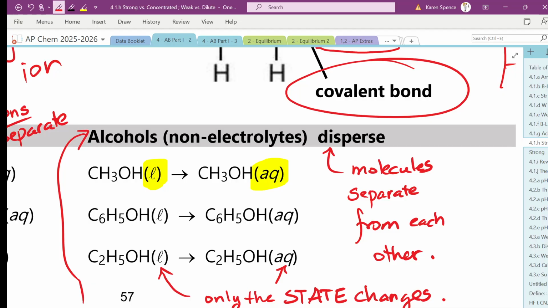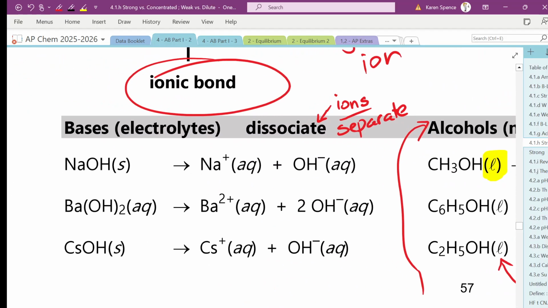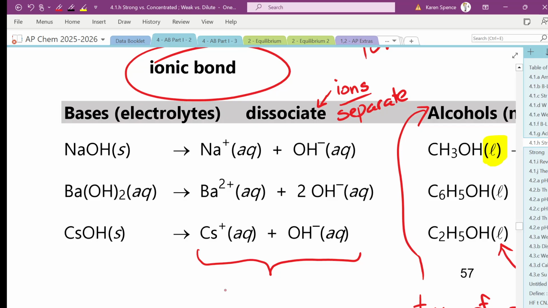So you should be able to recognize that bases are electrolytes because they have ions.